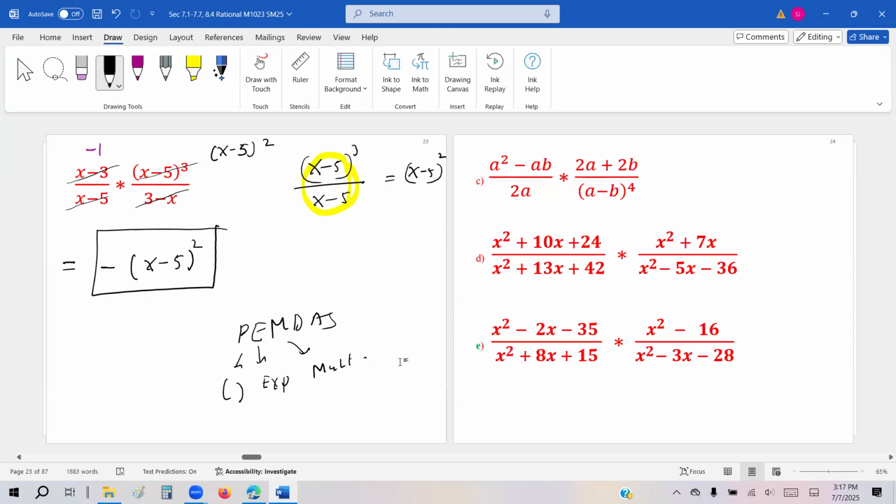There are only 3 questions. Remember, factor, cancel, rewrite. These are the steps.